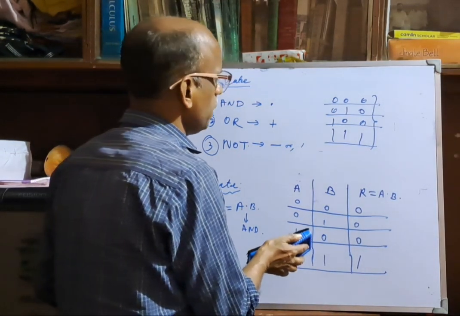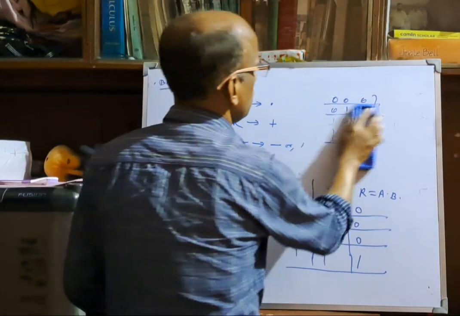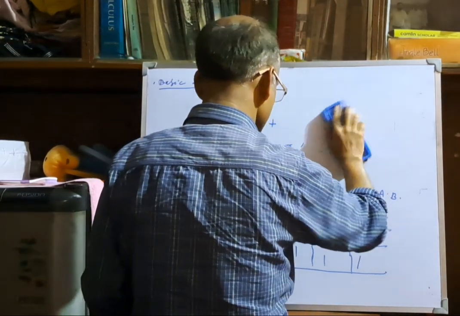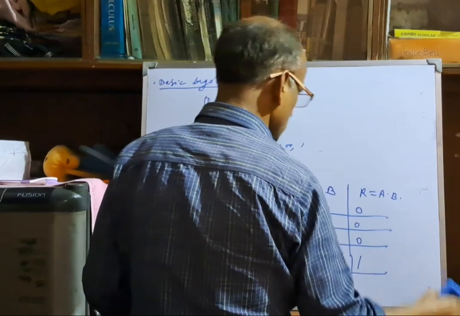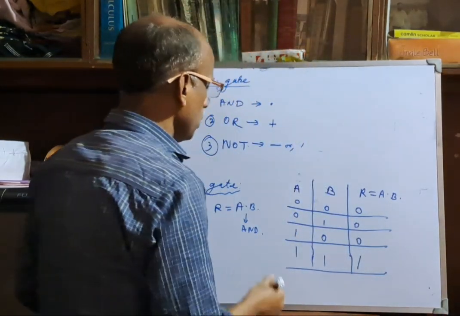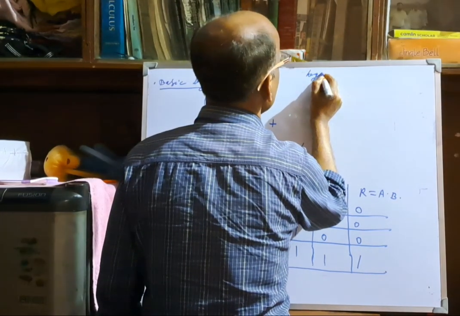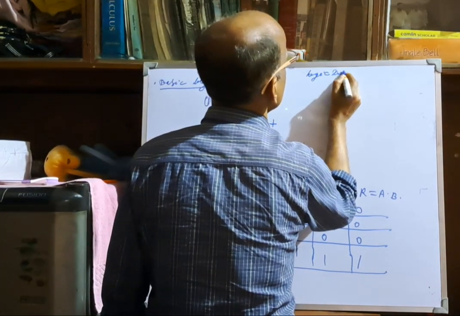That part I am rubbing just to make you understand. I have done so far, and you just see here the logic diagram of the AND gate. This is called the logic circuit diagram, or you can say logic diagram directly.